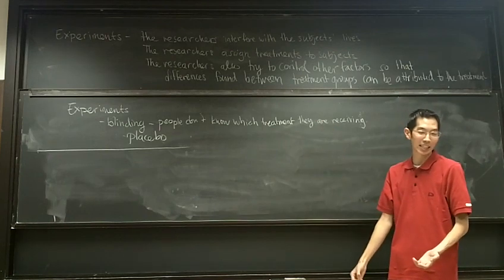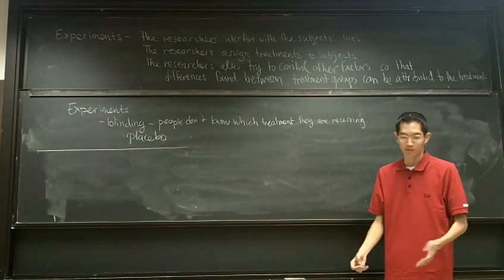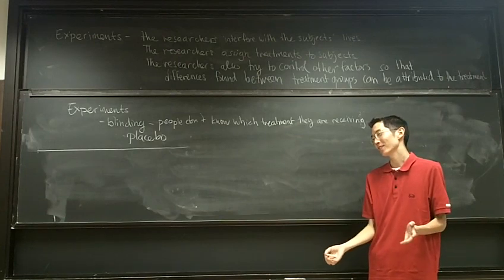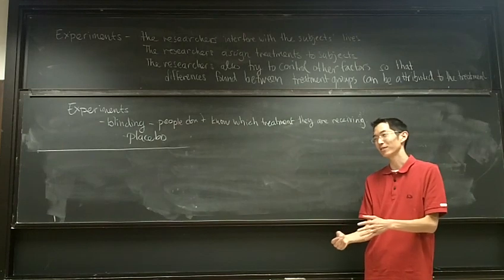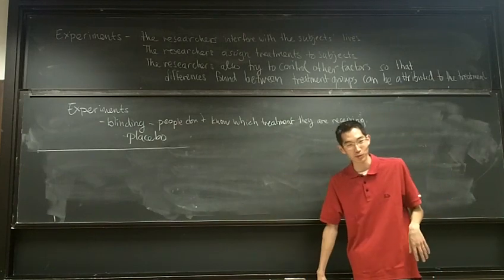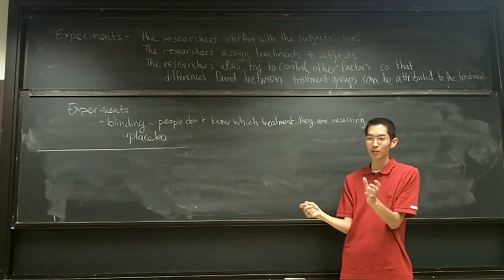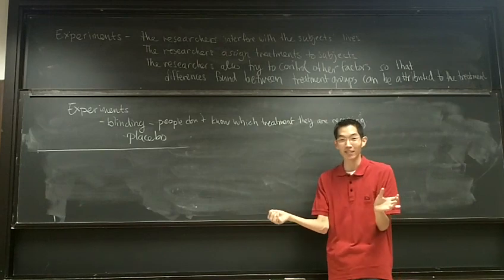I would say, in some study, the researchers wanted to know if a new drug, say some skin cream, would be effective. They created two versions of the skin cream, one with the active ingredient and one without.